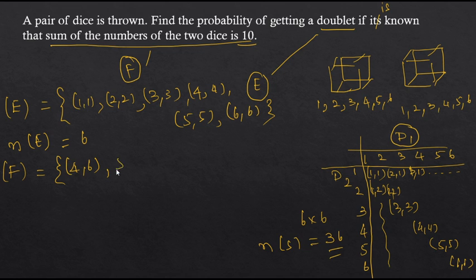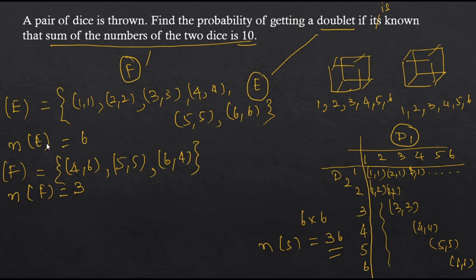Another chance, 5 comma 5, that is 10. And then 6 comma 4. So this is the only chance. So the number of F is equal to 3.